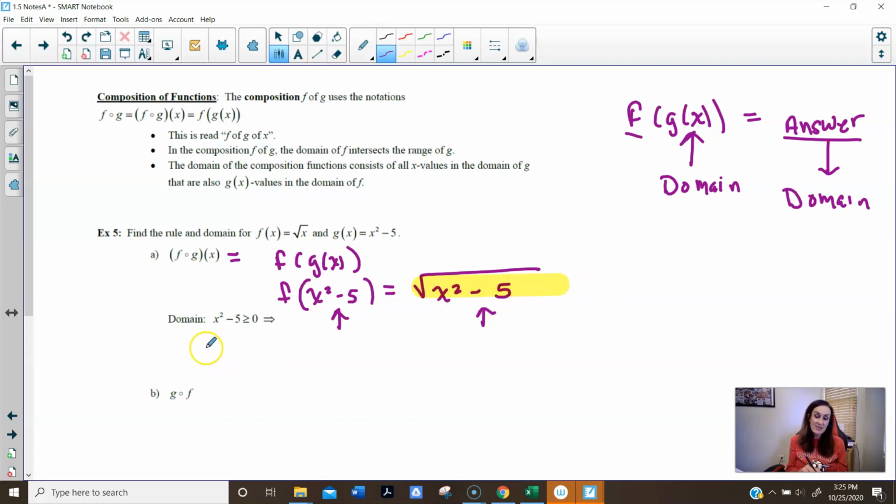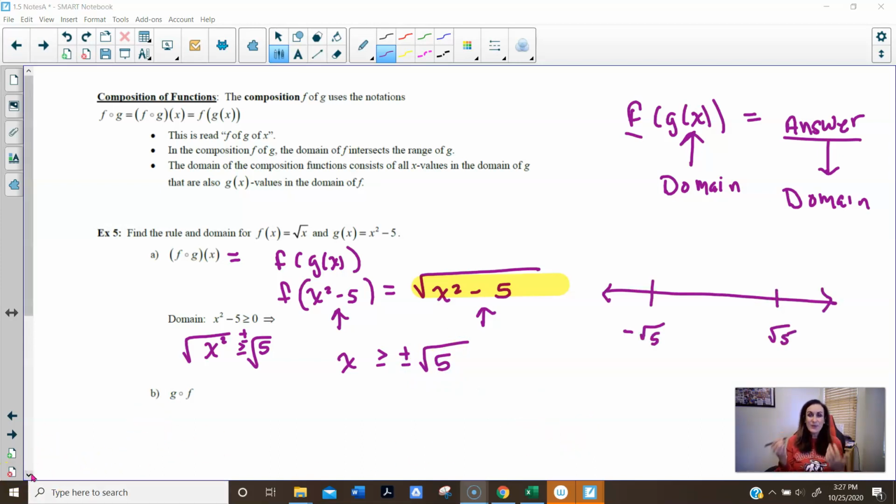So just add the 5, so x squared is greater than or equal to 5, and then take the square root of both sides. Don't forget, plus or minus, and x is greater than or equal to plus or minus the square root of 5.